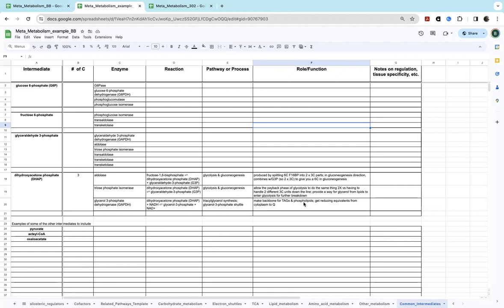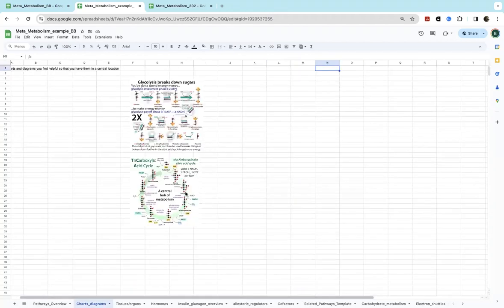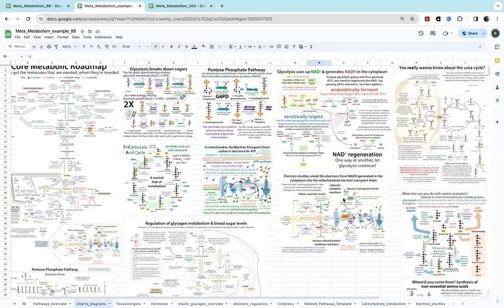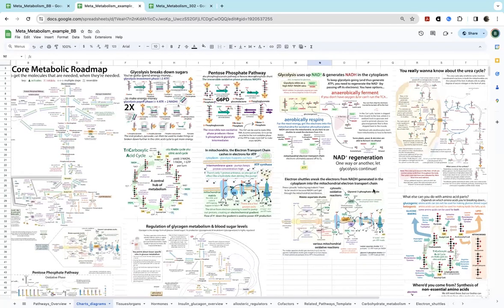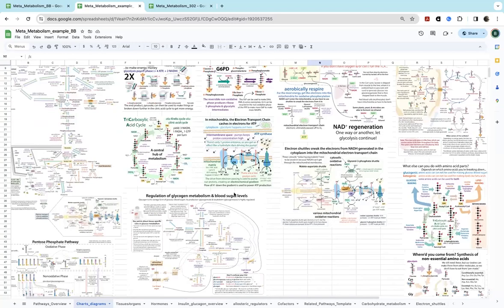That would be for your lipid synthesis, and for the shuttles, that would be getting reducing equivalents from the cytoplasm to Q. Again, these are all things that you can find in these charts and diagrams. When you look at your shuttles, you can see that we're talking about things happening over here.